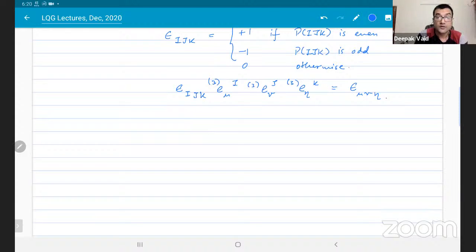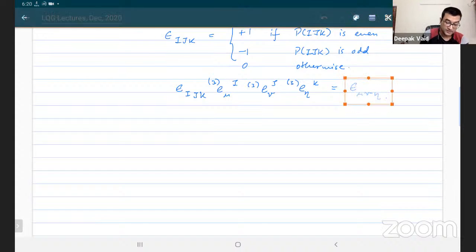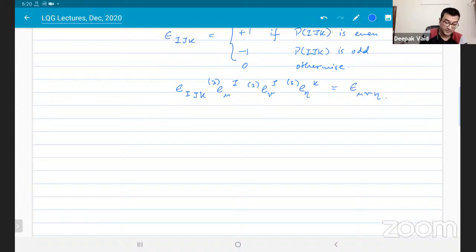All right. Now this expression gives us this completely antisymmetric tensor, and this actually measures the volume of your space-time. Because if you recall, if you want to perform a volume integral, what do we actually do?